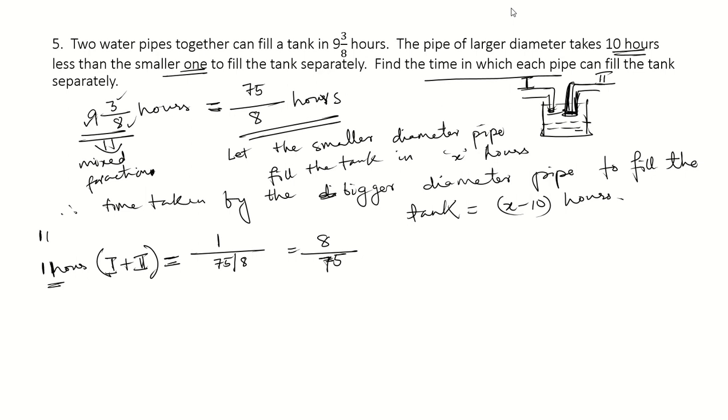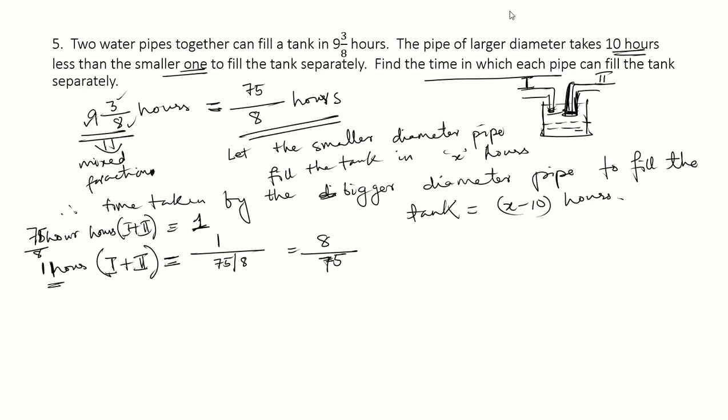I will just write one more statement here so that you understand. Suppose in 75 by 8 hours, 1 plus 2 can fill the entire fraction, which is 1. That means they can fill the entire tank. The entire tank can be written as 1, or as 100%, however you want.